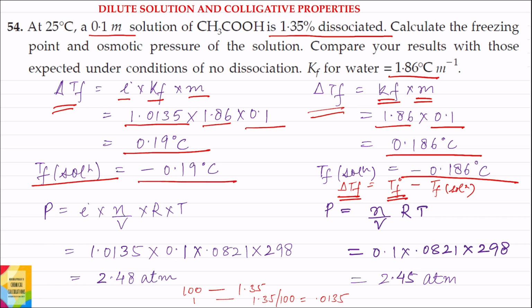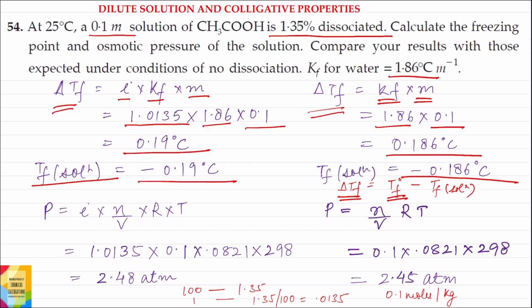Similarly, osmotic pressure of the solution for no dissociation will be equal to n by V, that is number of moles divided by volume of solution, into R into T. Now since density of water is 1 kg per liter and molality of the solution is 0.1 m, that means 0.1 moles per kg of the solvent. Now density of water is 1 kg per liter.